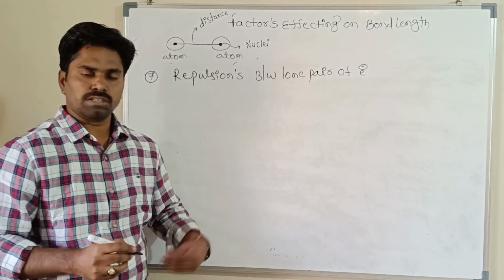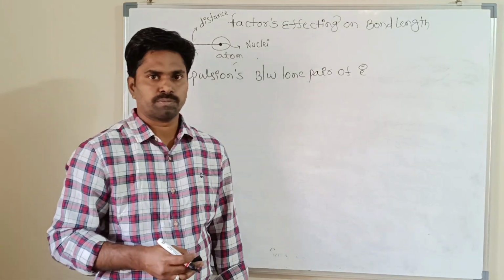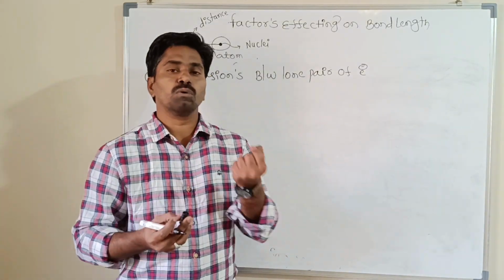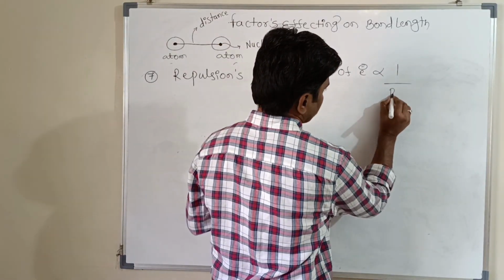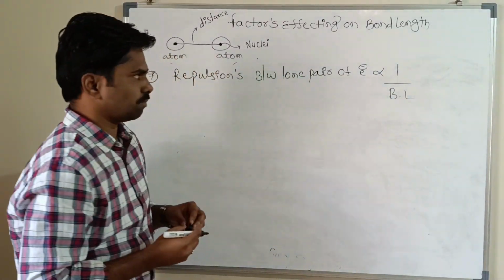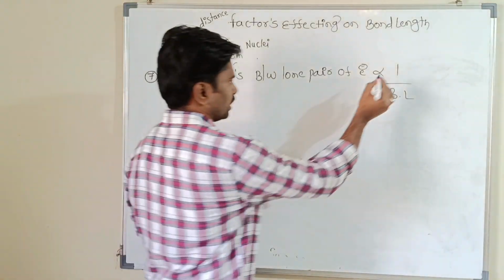If there is an excess of lone pairs of electrons, there are excess repulsions, and the bonds come closer. Finally, when the repulsion between the lone pairs of electrons is excess, the bond length automatically decreases. So keep it in mind.